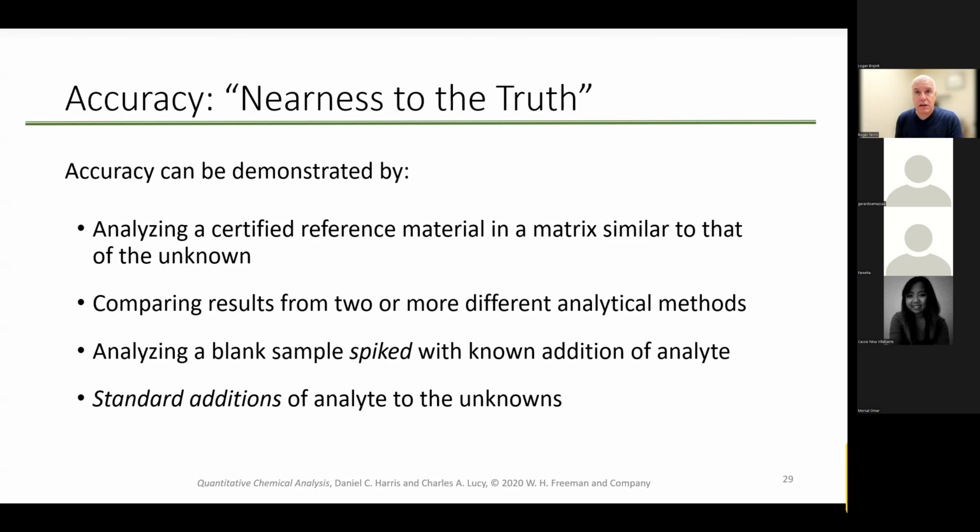Another way to do this is to compare two or more different analytical methods. One thing we're going to do in lab is measure toluene in acetone and ethyl acetate, right? We're going to measure that using UV-Vis, using Raman, and using FTIR.